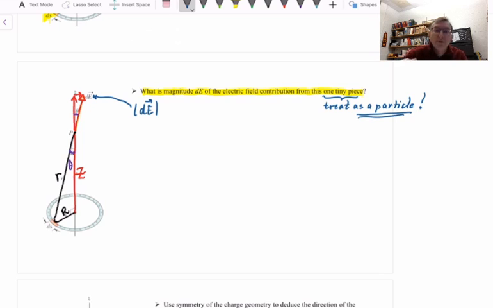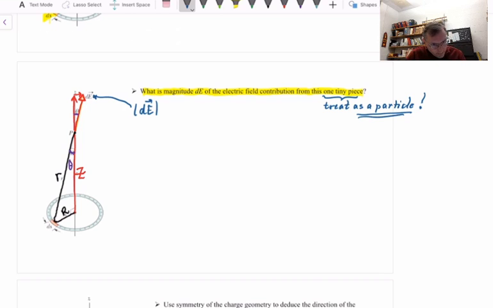Well, then we know the formula for the electric field of a particle, no matter how small. Take the charge of it over 4 pi epsilon 0 distance squared. Straight line distance from the charge to where you are.